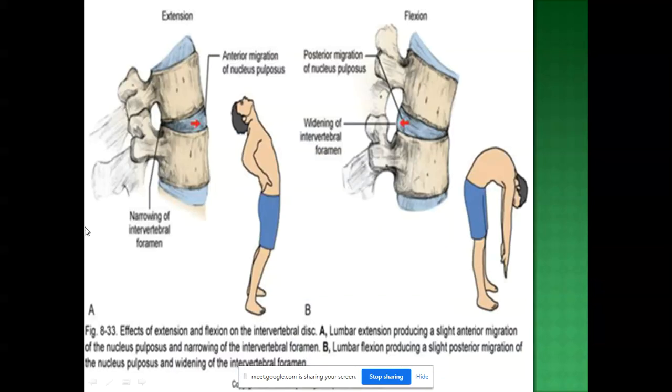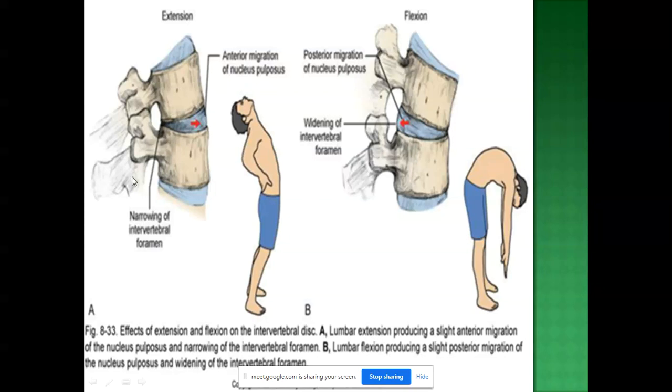Here you can see extension and flexion in the picture. Picture A is showing the extension movement: posterior narrowing of the intervertebral foramen and anterior migration of the nucleus pulposus during extension movement. And during flexion movement, what is happening? Posterior migration of the nucleus pulposus and widening of the intervertebral foramen.